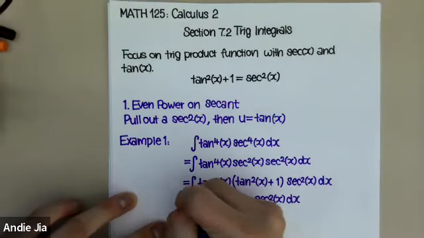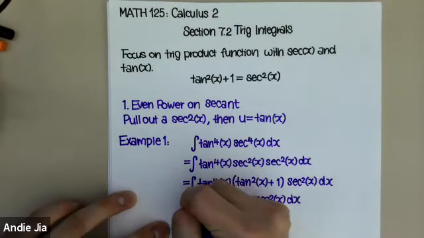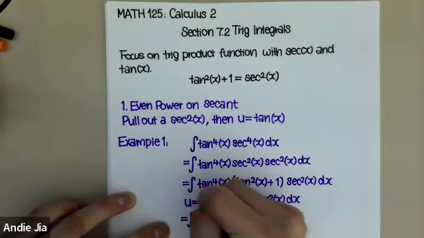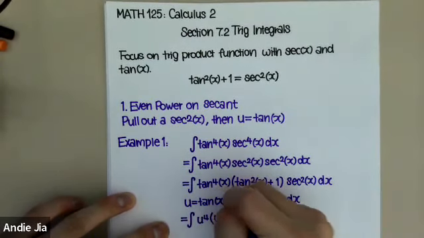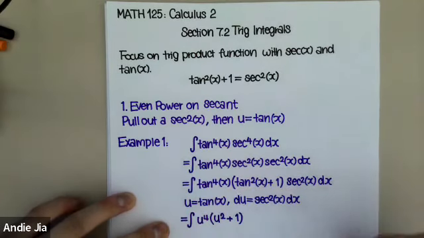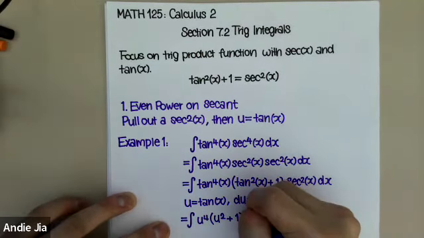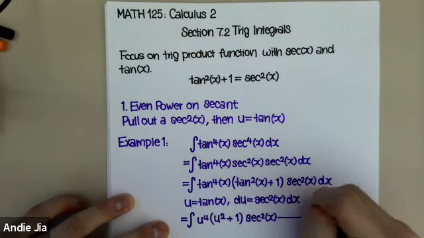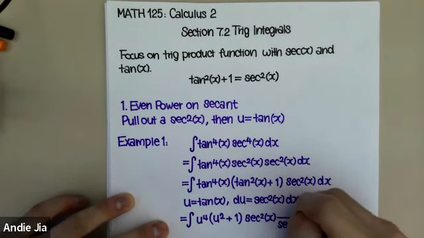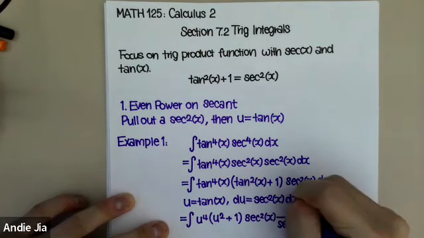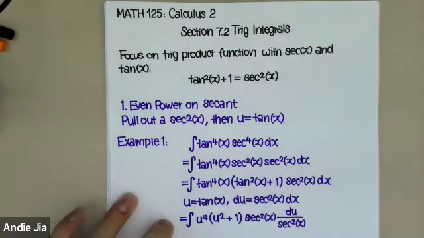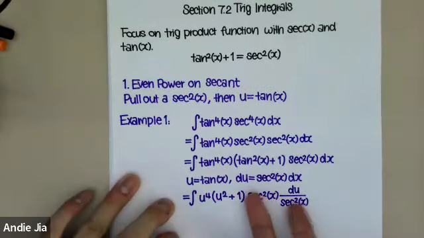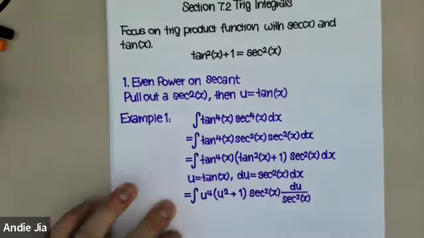The new integral should be u to the 4 times u squared plus 1 du, and you see those two terms vanish.